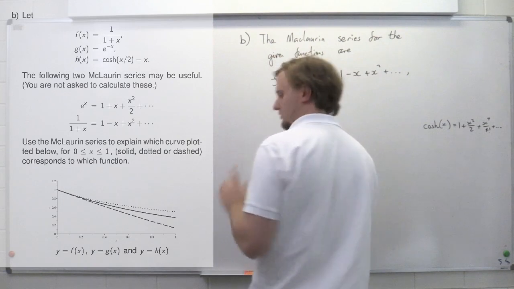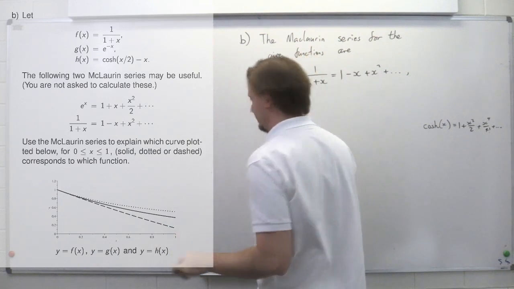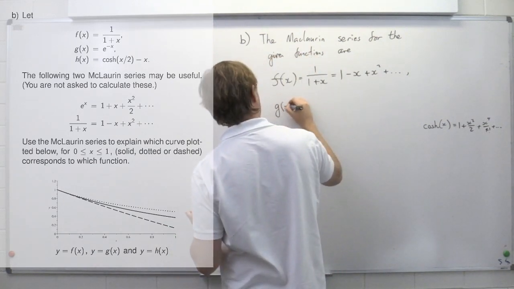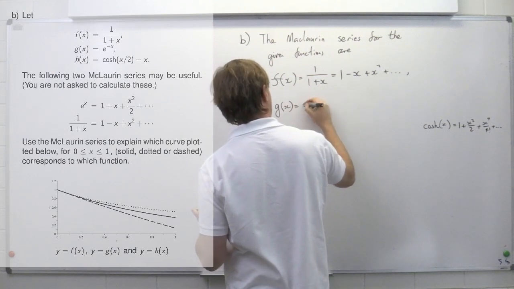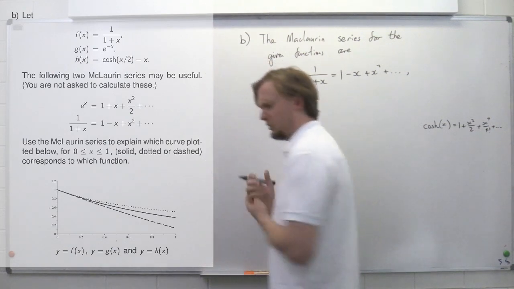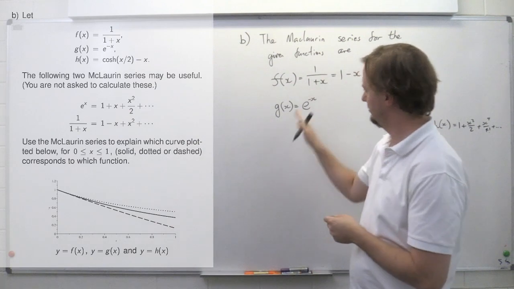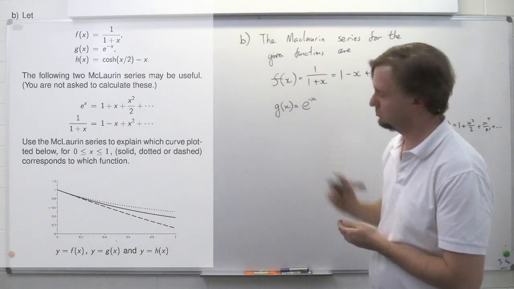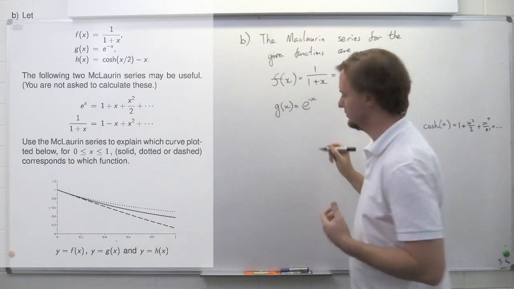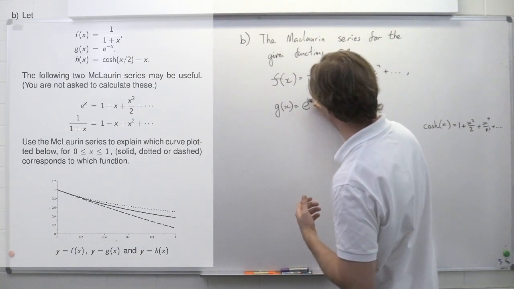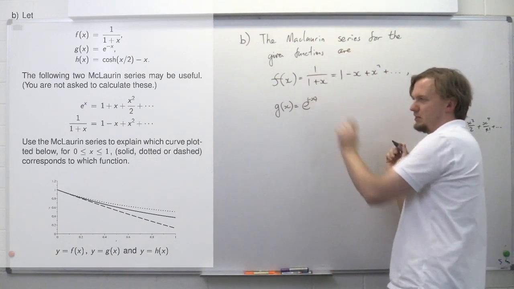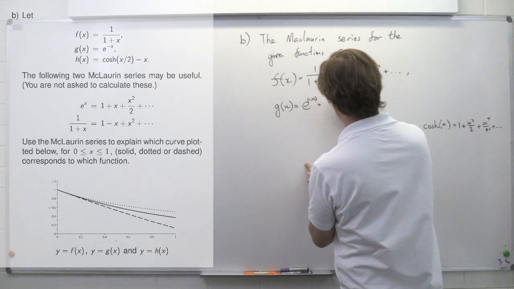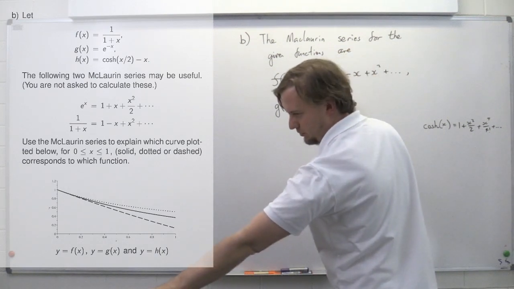The next one, they don't actually give us the Maclaurin series for this, so we're given g of x is equal to e to the minus x. What we are told is the Maclaurin series just for e to the x, but that really does give us the other one, because this is just e with a minus x inside. So this is just going to be pulling out the series.